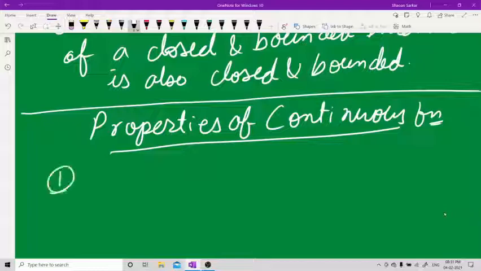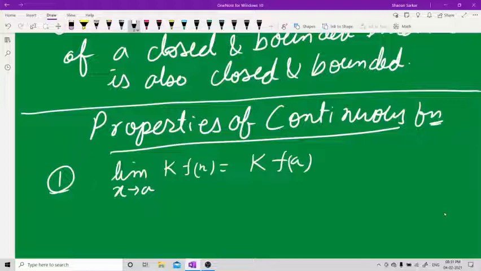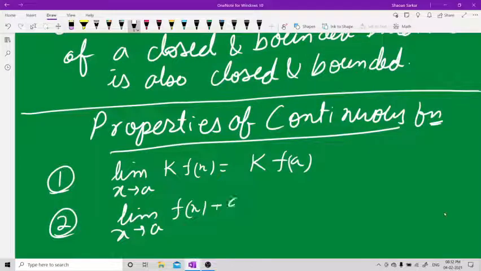Now, the first is limit as x tends to a, k f(x) is the same as k f(a). Next, second, if limit of f(x) plus g(x) gives me f(a) plus g(a).